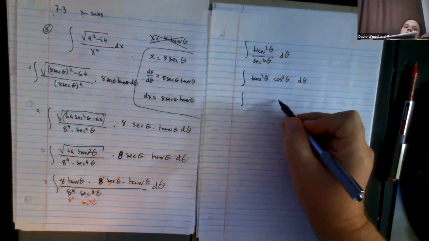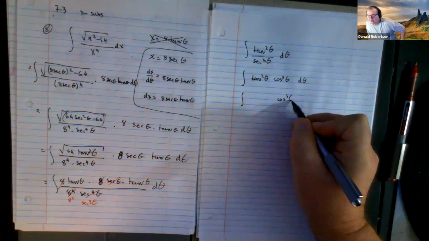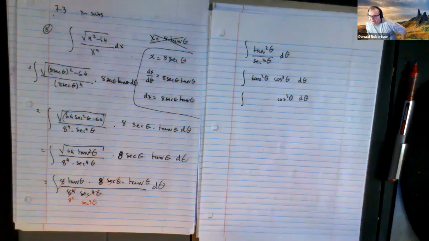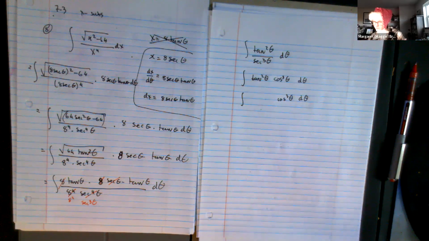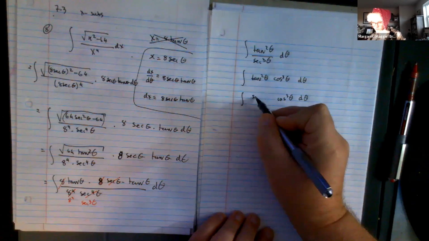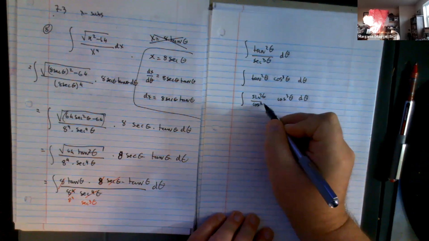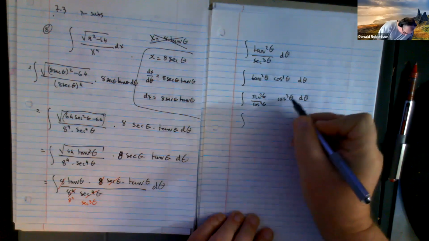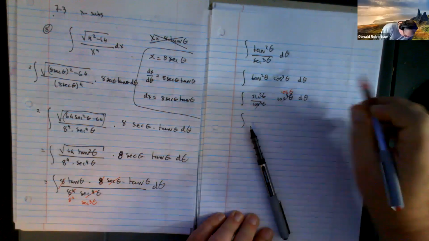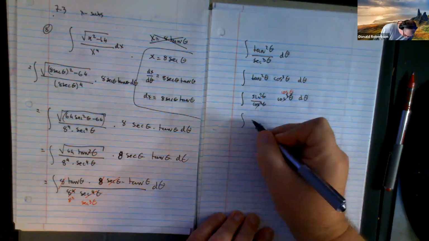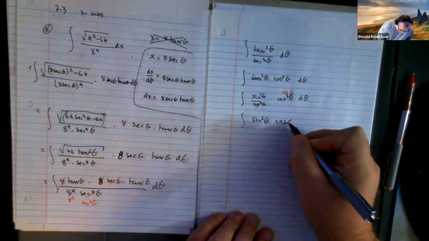Is there another way of writing a tangent? Sine divided by cosine, or sine squared divided by cosine squared. And won't they partially cancel and leave you with cosine? And that means that we now have sine squared theta, cosine theta, d theta.